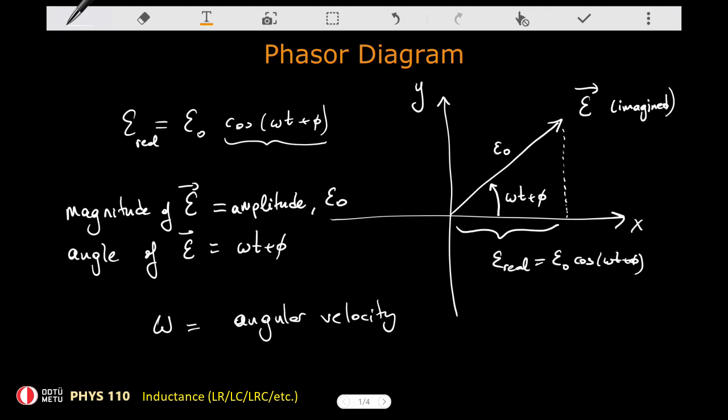And at any given time, from the orientation and the magnitude of the quantity, we can easily find the real quantity. As a result, this is a very easy to use tool. Later, of course, we are going to use this tool to discuss several things. Here, I would like to just set some of the essential terms. So let's start with this.